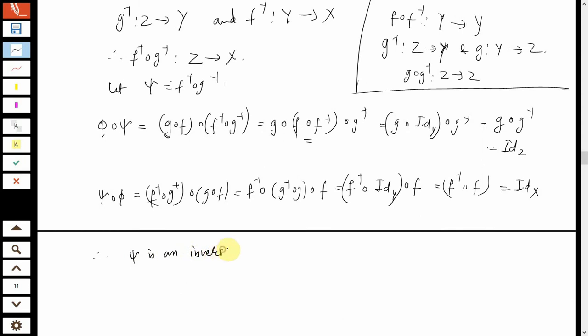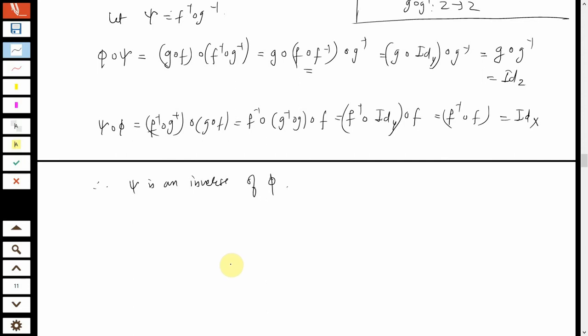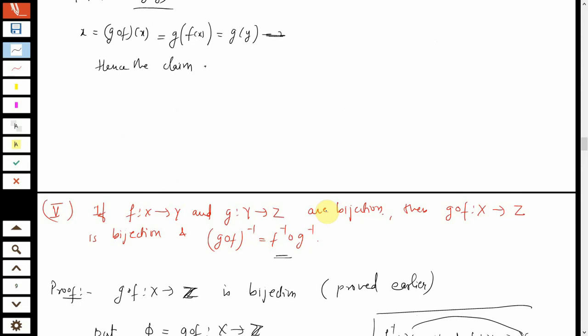So that's the result. Therefore F inverse composite G inverse is the inverse of G composite F. That's one of the crucial results on the inverse of the composition of two functions, and this can be extended to the inverse of a composition of more than two functions also. Thank you for watching this video.